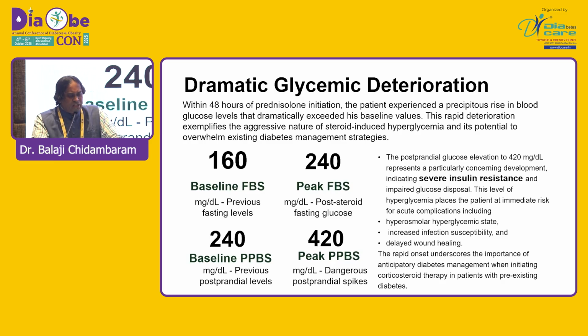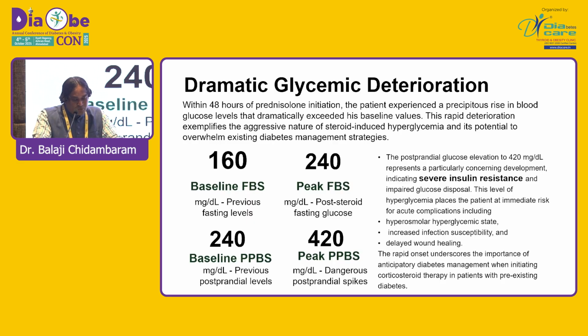Within 48 hours of prednisolone initiation, the patient had a dramatic increase in fasting and postprandial glucose. From fasting 140 it went to 240, and postprandial from 240 it came up to 420.